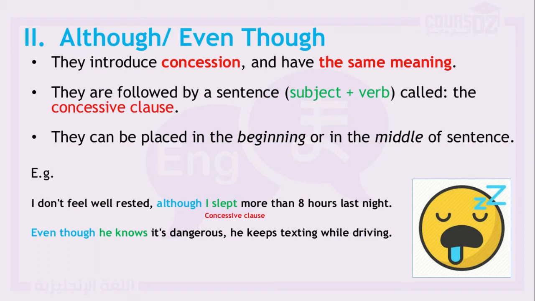Okay? So even though is our conjunction of concession، رانا حطيناها في بداية الجملة. الجملة اللي لصقة فيها he knows, subject and verb, he is the subject, knows is verb, is our concessive clause. Okay?